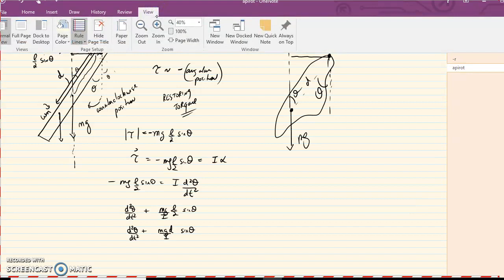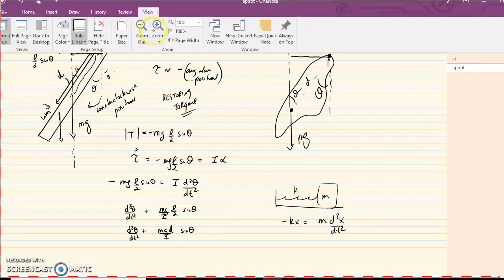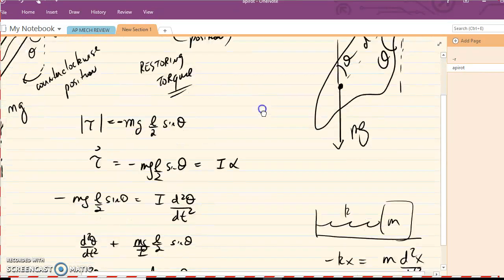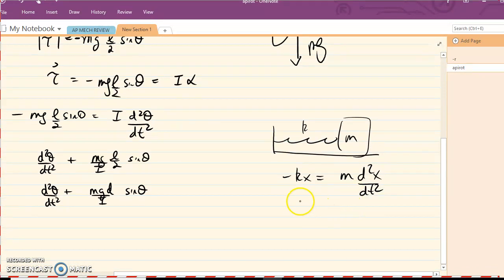So now comparing this to the mass spring system, where we have a spring constant k and a mass m, when we apply the second law to this system, we have negative kx equals m d2x dt squared. I'm going to zoom back in here. Let's move it over, divide the m's through and group all the terms on the same side of the equation.